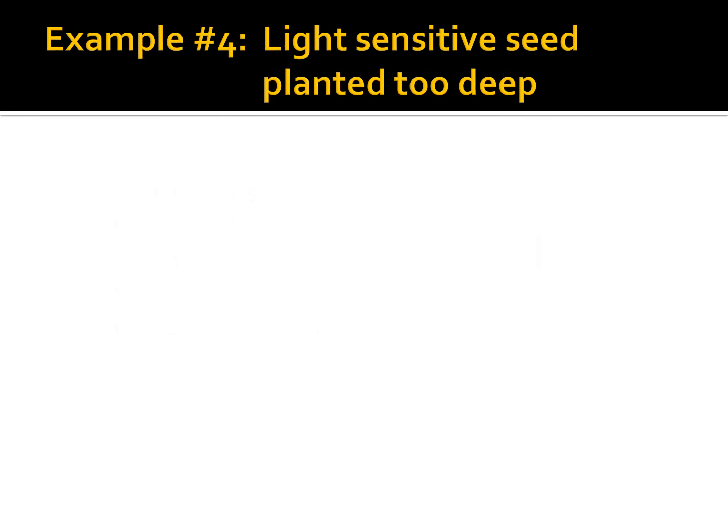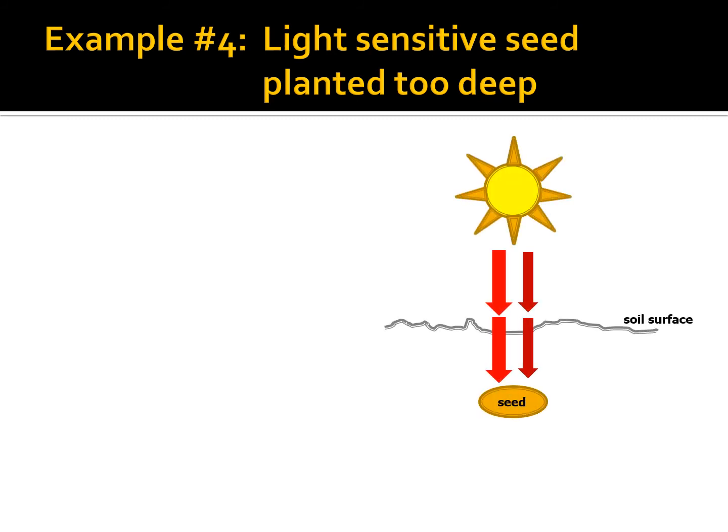Okay, and finally we can do case study number 4, light-sensitive seeds that are planted too deep. So let's say that you decide that you want to maybe try to germinate some lettuce seeds, and you happen to have a variety or cultivar of lettuce that is sensitive to light and requires light for germination.